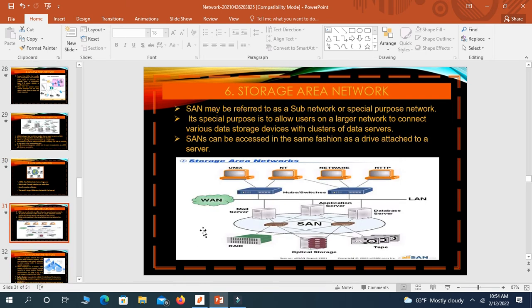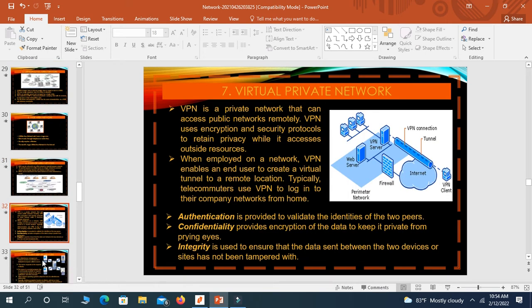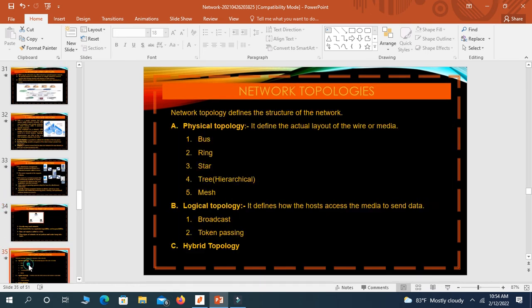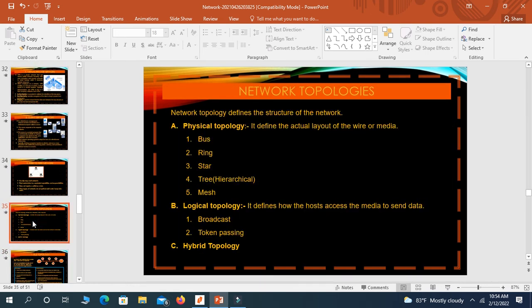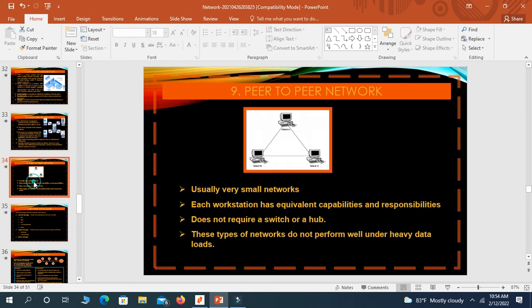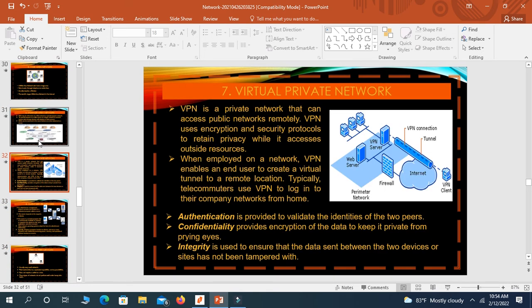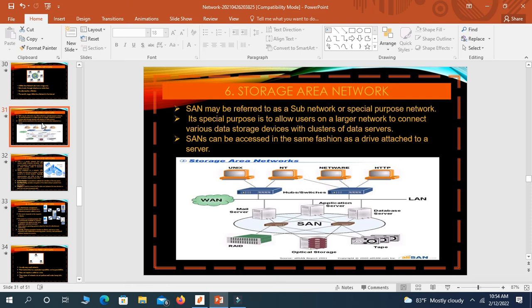Okay then, we will not get into the topologies. Topology is not included in today's session. So you are supposed to write an assignment of 1000 words on the topics that I have covered today.